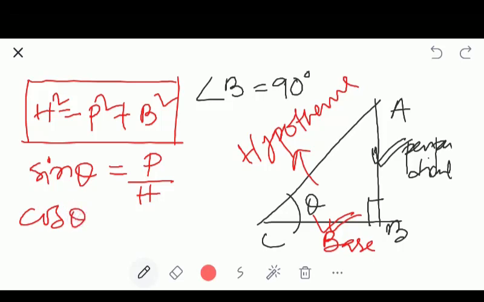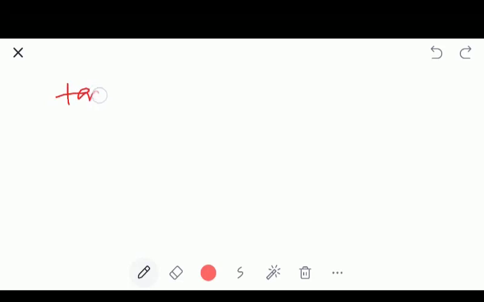Cos of theta is equal to the ratio of base and hypotenuse, right? I hope that part is understandable for you guys. Now there is another one, tan theta, which is basically the ratio of perpendicular and base.